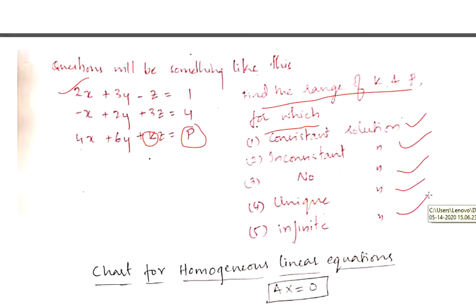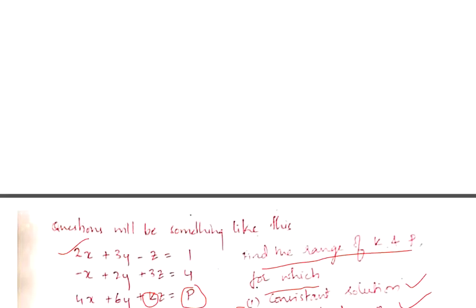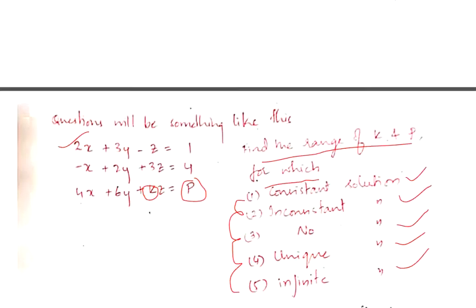So you should know all the conditions, in which case it is inconsistent, whether the rank of the augmented matrix is greater than or equal to the rank of the matrix. So just remember this previous chart. Questions will be something like this.